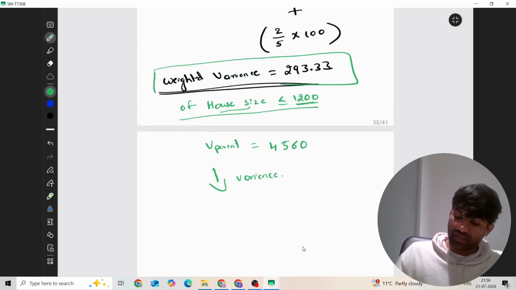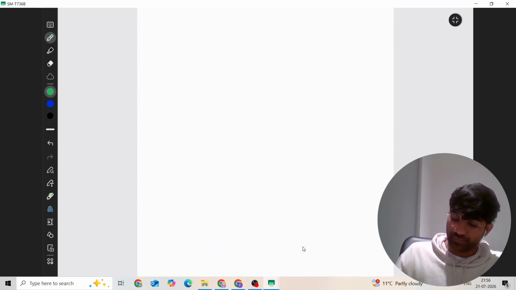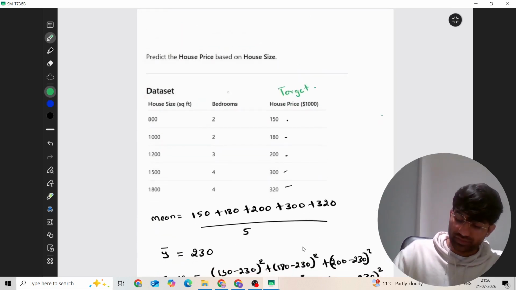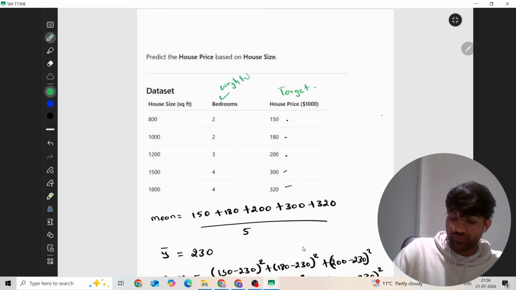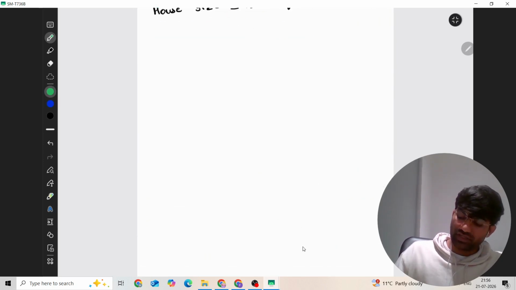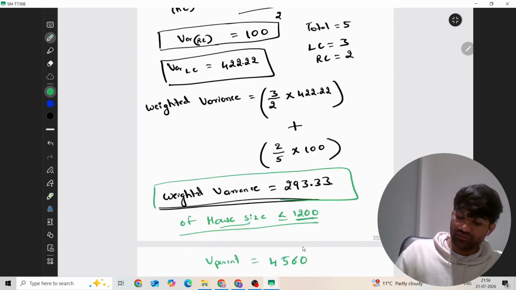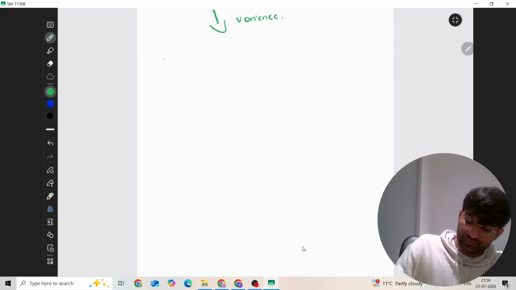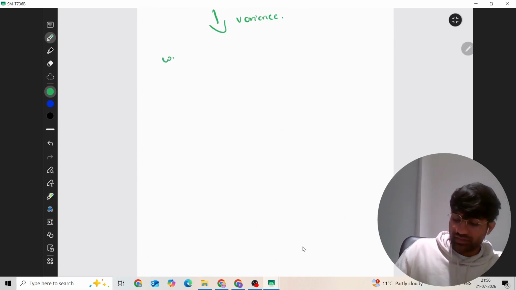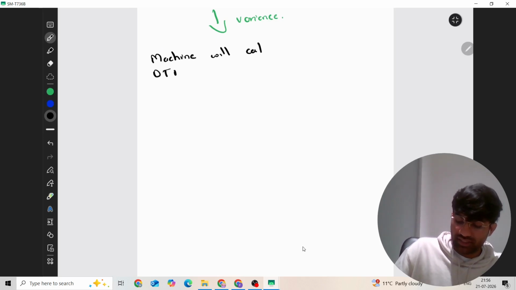But we have the other feature in the data, that is bedrooms. We have to calculate the weighted variance for the other feature, bedrooms. So we have to make further calculations. The machine will make the further calculations, machine meaning our decision tree regressor here.